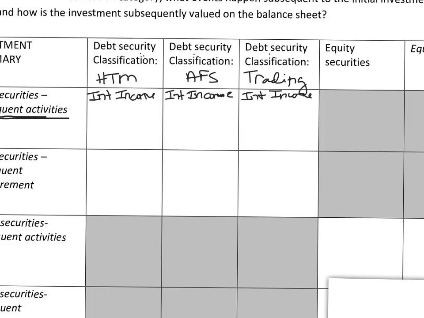We're also going to have to recognize and deal with any premium or discount amortization, regardless of the classification. Also have that plus premium, discount, amortization.